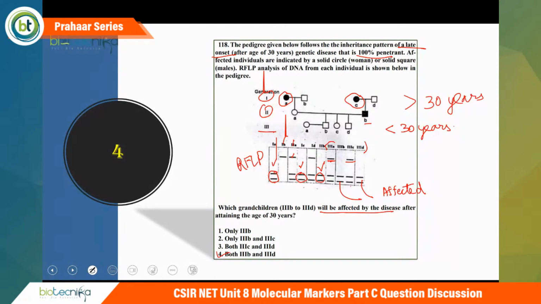So if you are looking for a career as a genetic counselor, definitely this is something that you should be clear with, and that is why nowadays in the CSIR question paper, this kind of questions are very common, which makes you ready for doing research in this field.